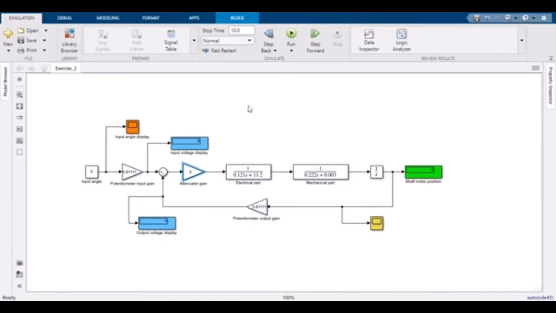The shaft motor position shows no reading, and the system shows a reading for the input voltage and the output voltage. So now we set it to 1. The shaft motor position and the output voltage still have no reading, except for the input voltage.